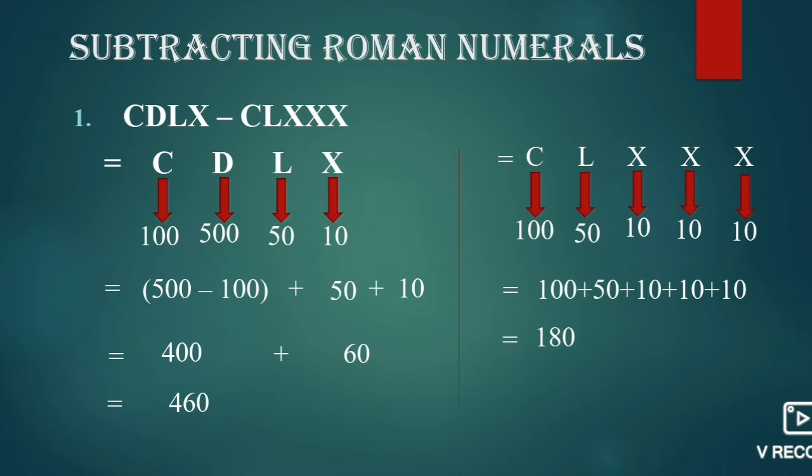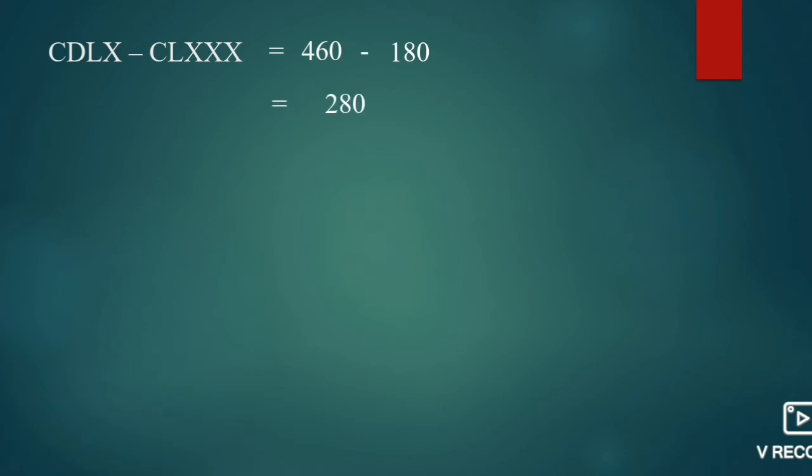Now subtract the values, 460 minus 180. That is, CDLX minus CLXXX is equal to 460 minus 180. Subtracting, we get 280.